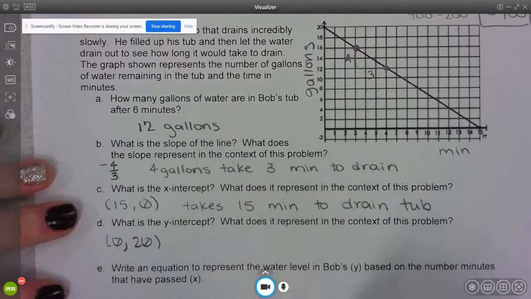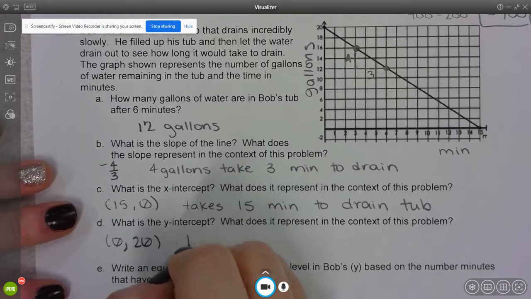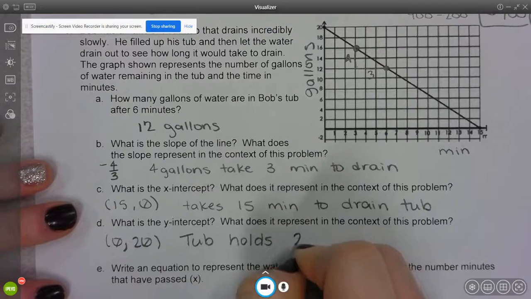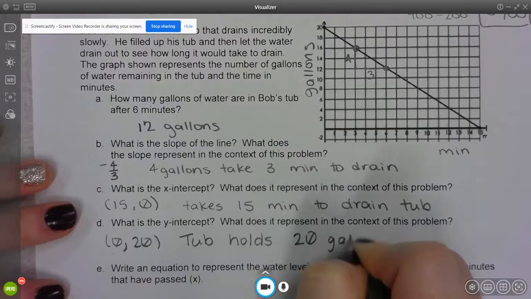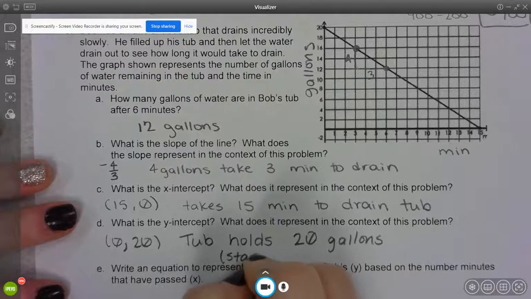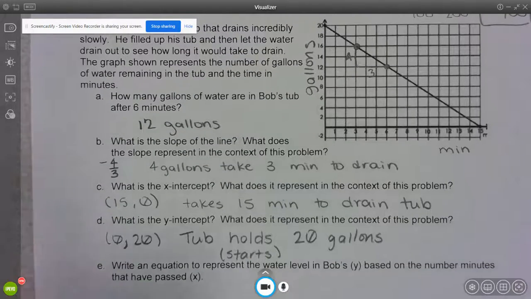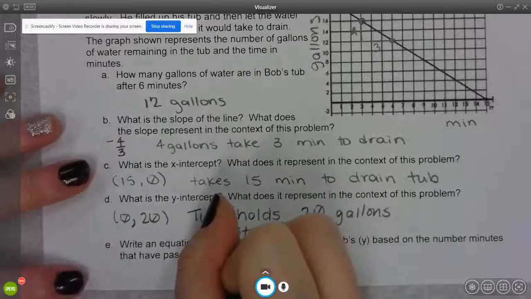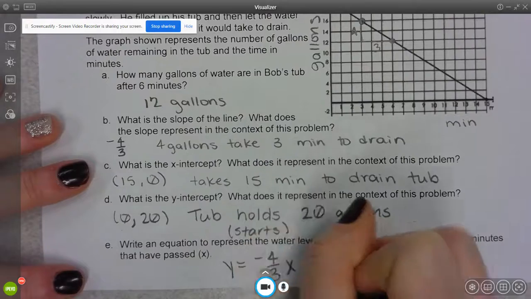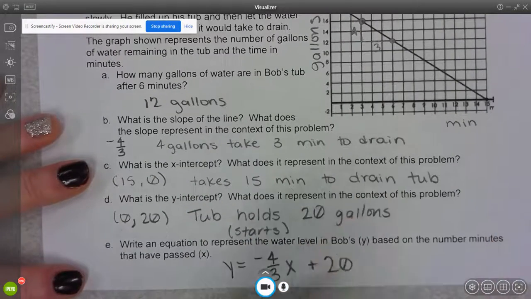So the tub holds 20 gallons, or it starts with 20 gallons. So our equation for Bob's tub is negative 4 thirds x plus 20.